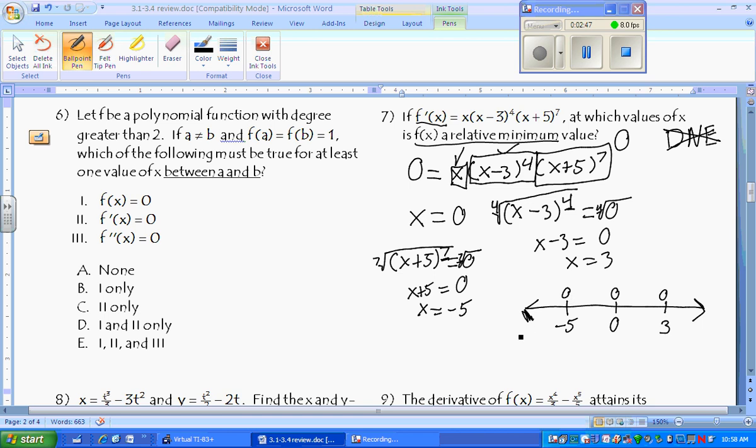Now, when you plug something like f of, let's say, negative 6, because that's less than negative 5, into your calculator, you're going to get a positive value. This whole thing is f of x, number line. But you're going to get a positive value.